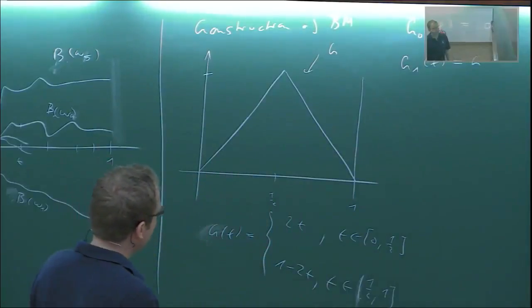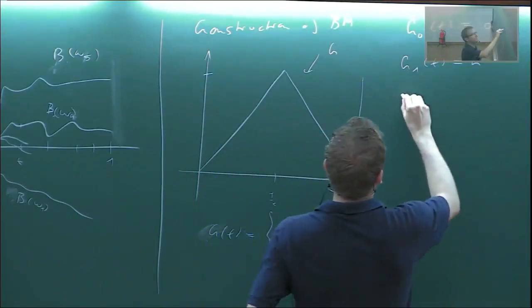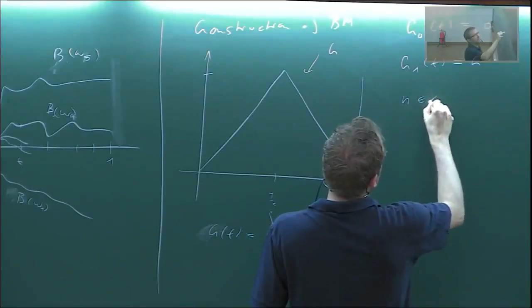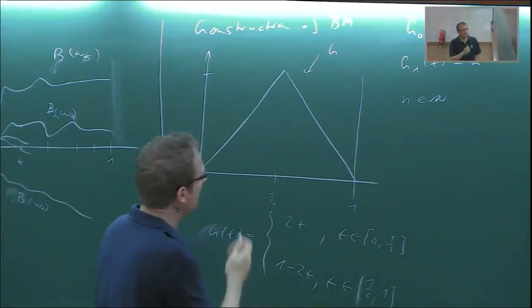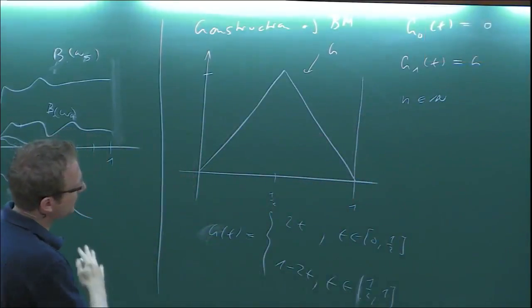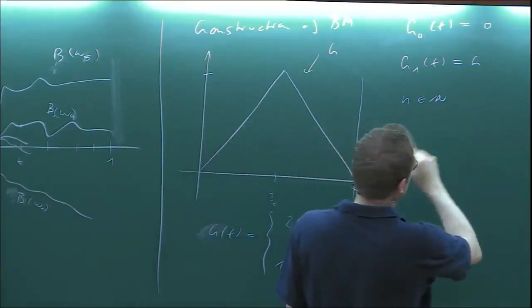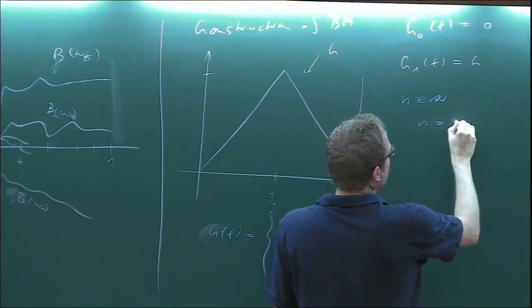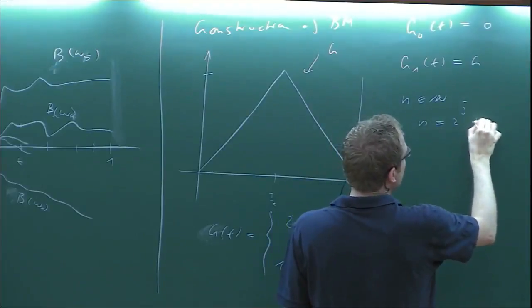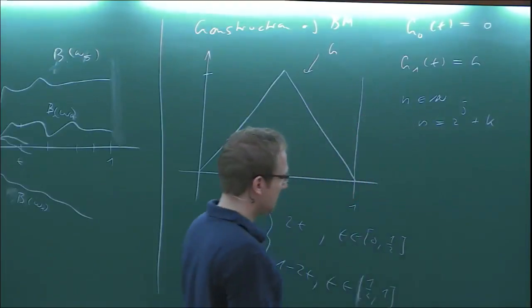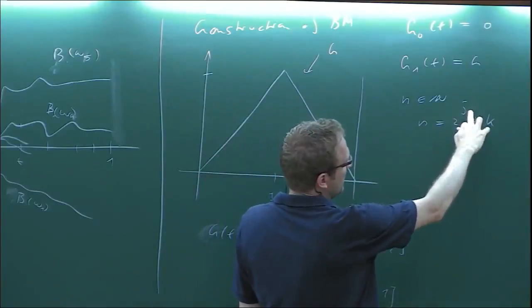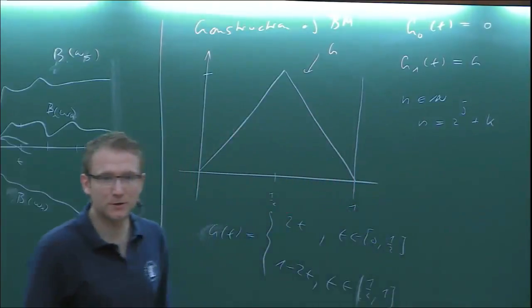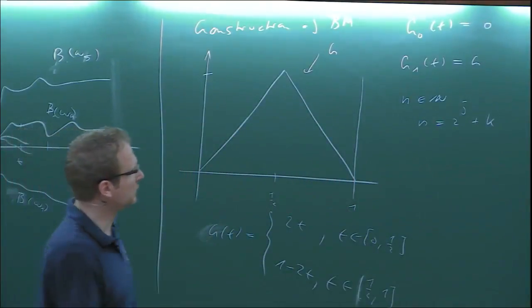And in the next step, for any n in the natural numbers, we can write down a decomposition of n. We can always write n as 2 to the j plus k, so j will be the largest power of 2 which is possible to put into n.